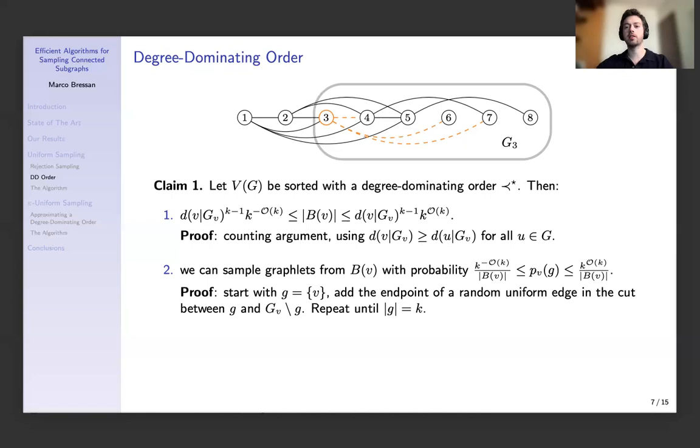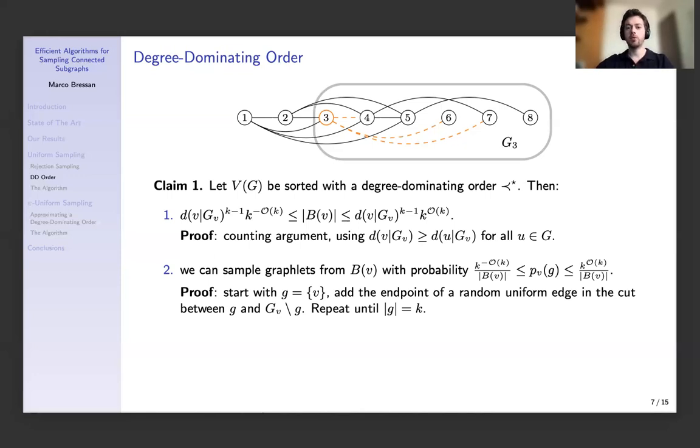We look at the cut between V and the rest of the subgraph G_V, and we choose a random uniform edge in this cut, and we add the corresponding endpoint, as I showed in the animation before. And we repeat this until we obtain k distinct vertices. By the same argument as for the size of the bucket above, you can see that this procedure yields a graphlet that is approximately uniform in the bucket of V.